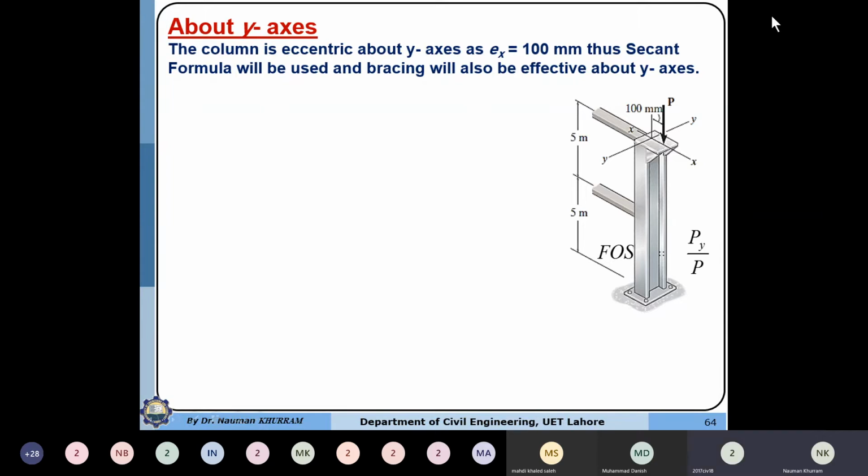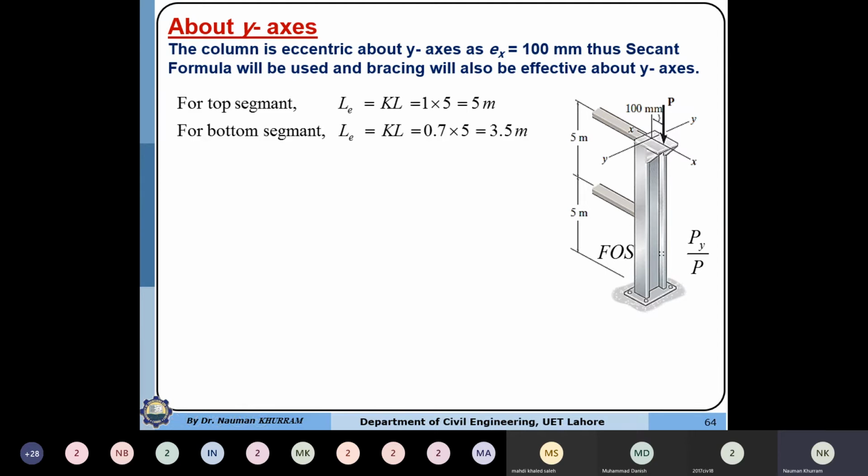Or in other words, just remember: if the bending is about the y-axis, the C distance will be along the x direction. If the bending is about the x-axis, C will be the distance along y. In that case, it would have been d by 2, half of the depth, because the distance from the centroid of the W section to the top or bottom extreme fiber is the depth by 2.